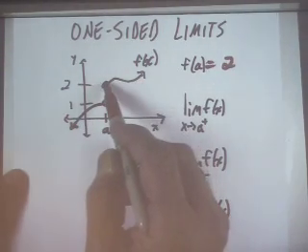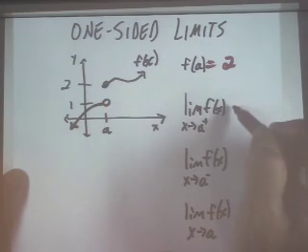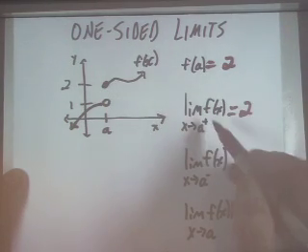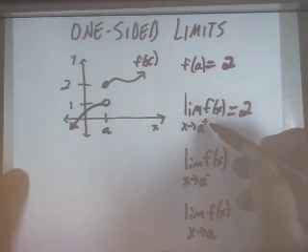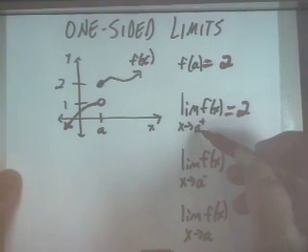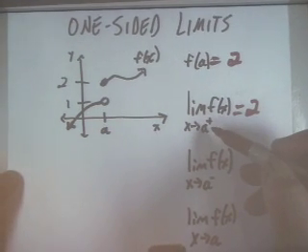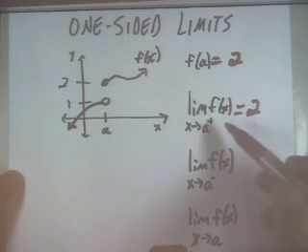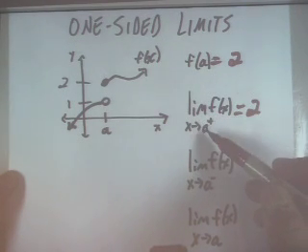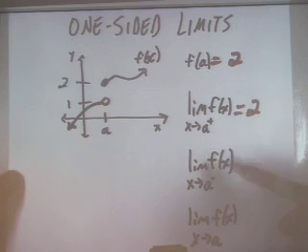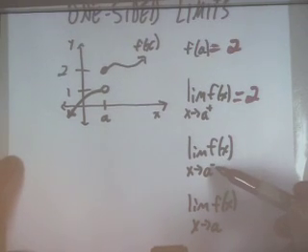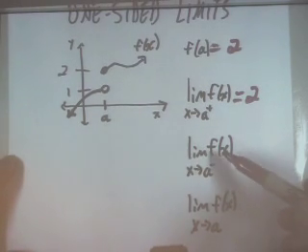What is the value of the function going towards? Well, it's going towards 2. We call this a right-handed limit, and notice the notation. We use a superscript plus sign to the right of the a value to show that this is the right-handed limit. You would read this, the limit as x approaches a from the right of f of x, and it equals 2.